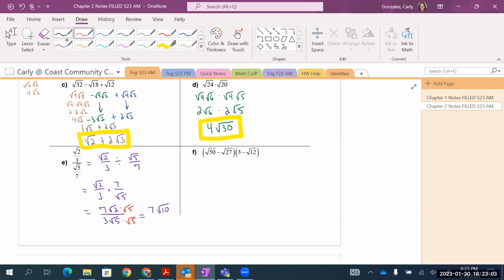And on the bottom, 3 times 5 is 15, but the operation between them is multiplication. So our final answer will be 7 rad 10 all over 15. And notice, even though the 10 and the 15 normally could be reduced by 5, we cannot simplify those two because the 10 is inside the square root and the 15 is not.